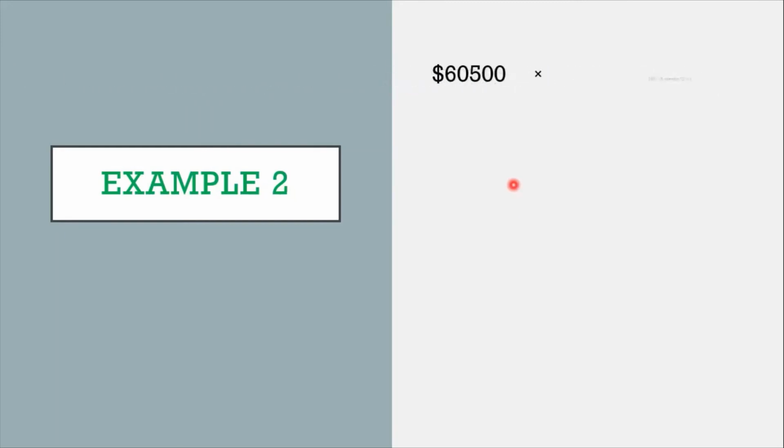So you will have 10% times 60,500, which will give you $6,050 as your vacational pay for 5 weeks vacation. I hope that is clear, and we're going to do another example.